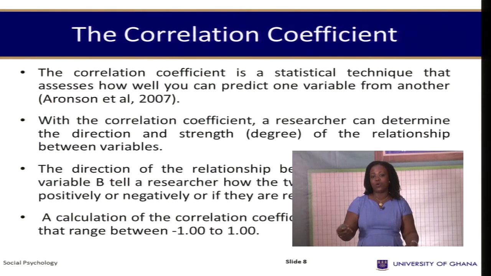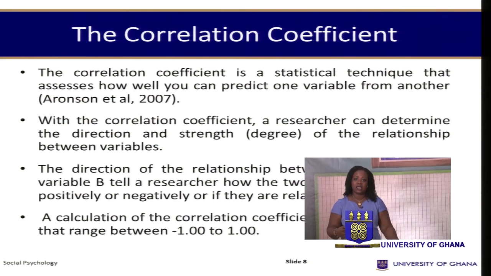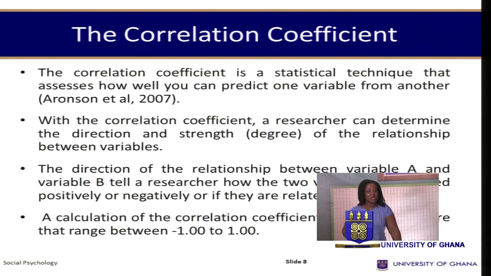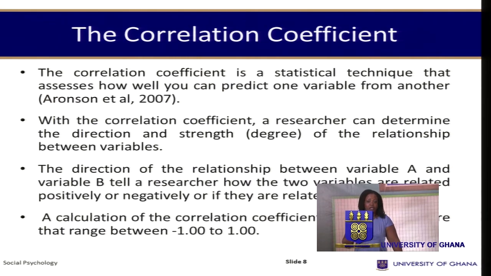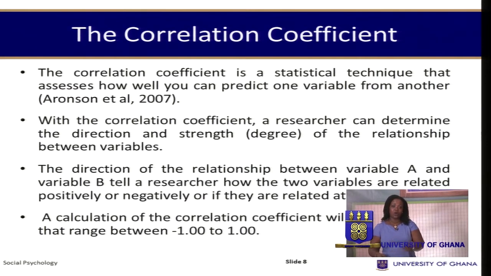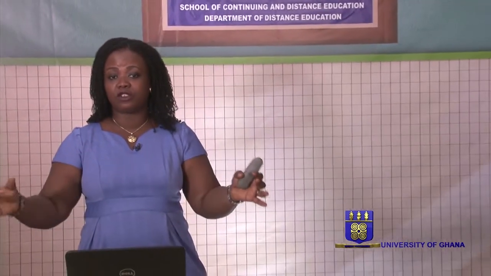The only way you can know if behavior or phenomena are associated is by calculating what we call the correlation coefficient. As a sociologist, it would be good to be able to calculate your own coefficient. But if you are not able to, you may be helped by a statistician. What is critical for you to know is how to interpret the information given to you. So if you've studied, say, teenage pregnancy and school dropout, you calculate a correlation coefficient to see if these two phenomena are related.